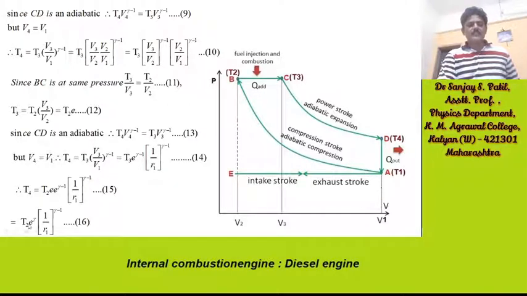So T4 = T2 E^gamma (1/R1)^(gamma−1). You can see there is no V4 mentioned separately anywhere, because V1 is equal to V4, they are overlapped. That is why only V1 is written here and not V4. So from this, T4 = T2 E^gamma (1/R1)^(gamma−1). This is equation 16.